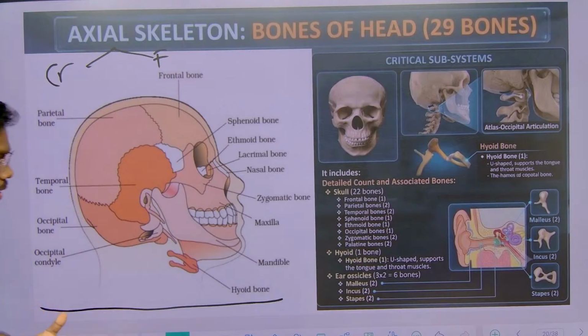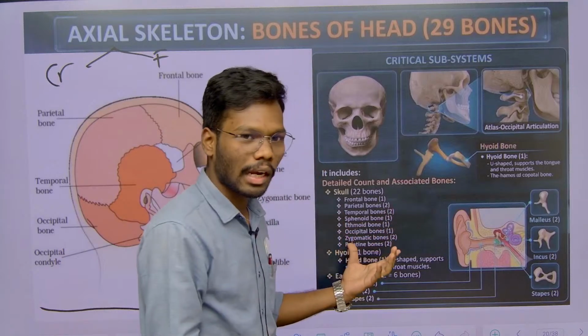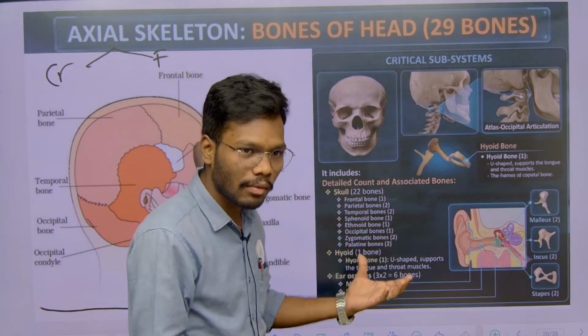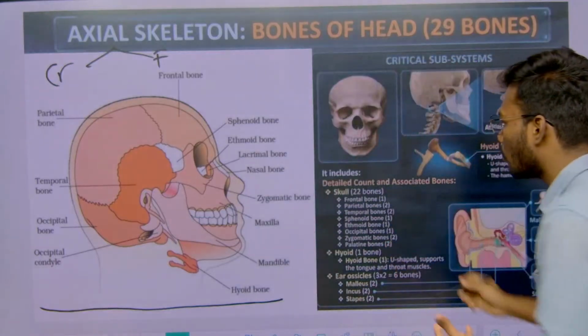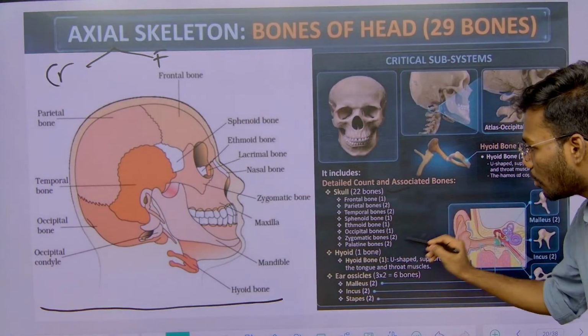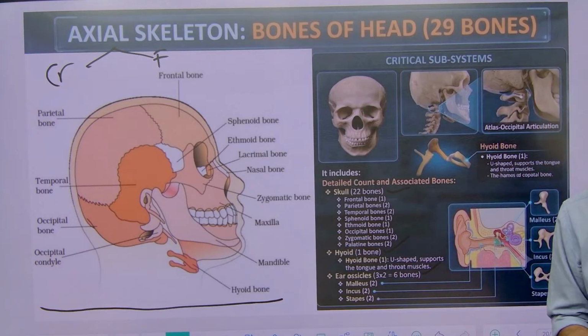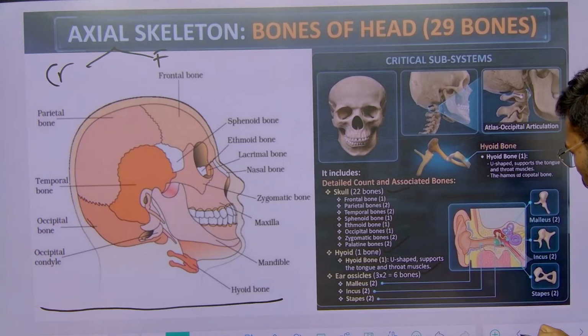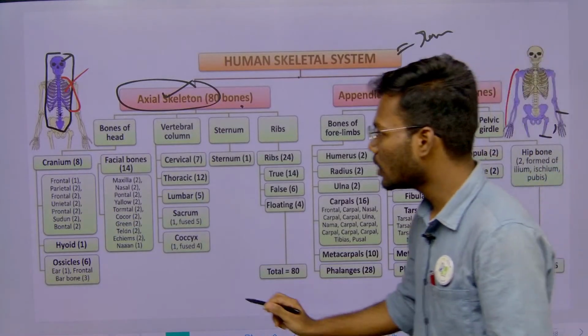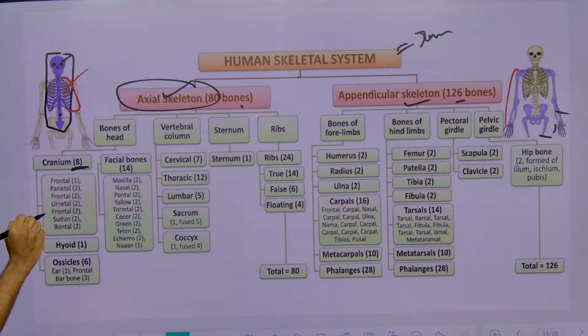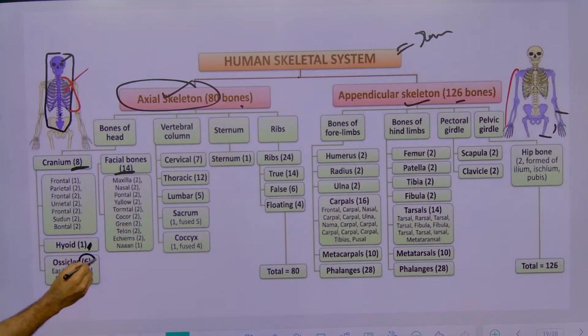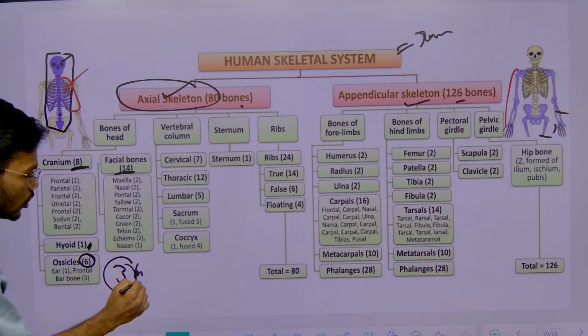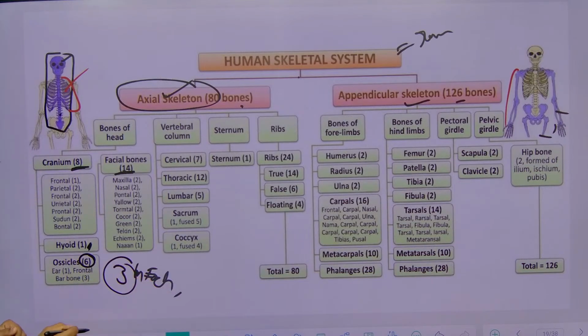In NCERT they didn't ask the names of these cranial bones and facial bones, but they will ask how many cranial bones, skull bones, hyoid bone and ear ossicles there are. So you need to remember how many bones. Cranial bones are 8, facial bones 14, hyoid bone 1, ear ossicles 3 in each. We have 2 ears, so that's why 6 bones. That is the thing you need to remember.